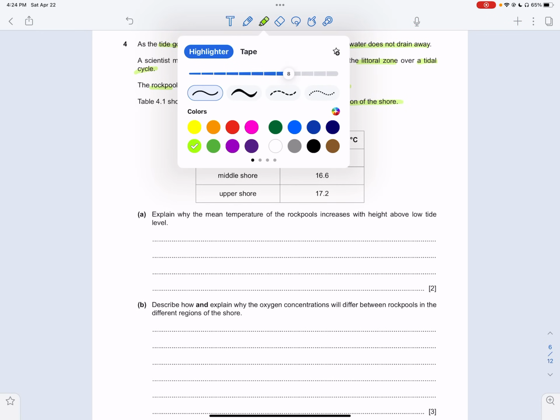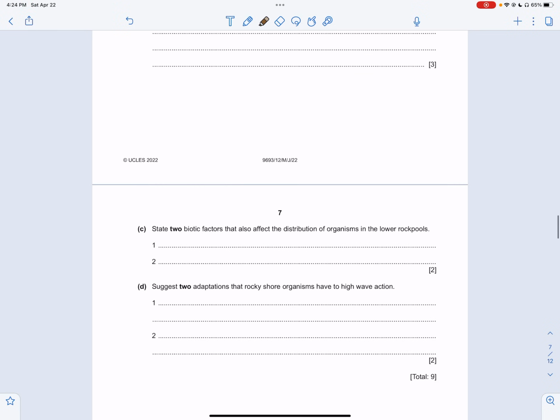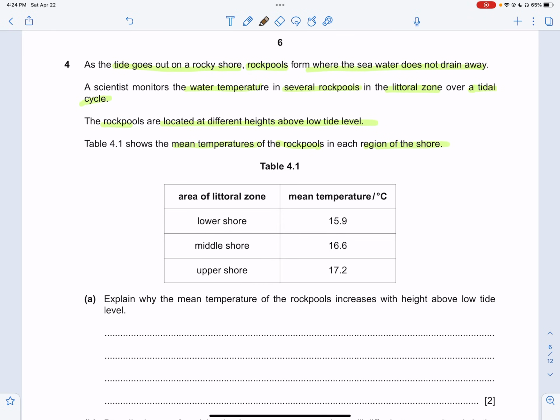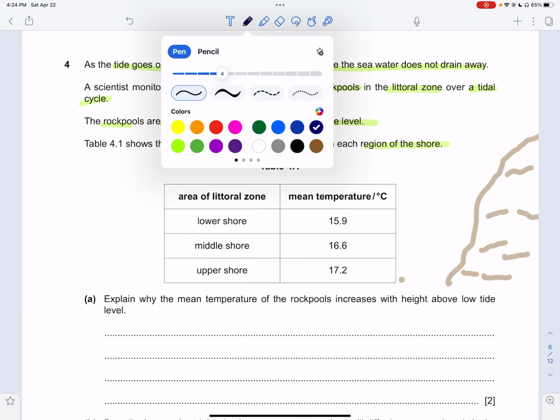Okay, and so just to give you a visual, that will be our rocky shore.